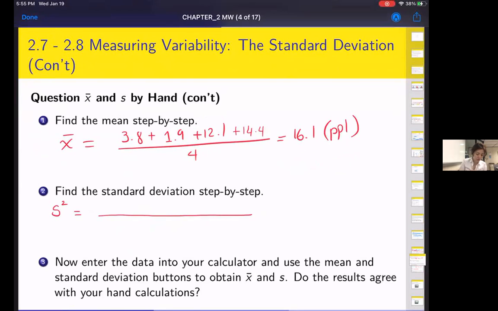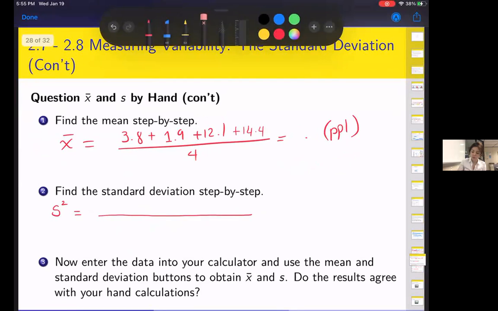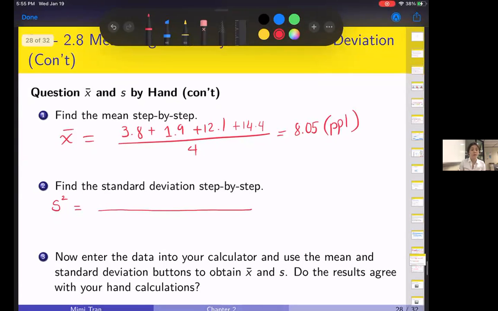Oh, I'm sorry, 32.2 divided by 4 is not 16.1, it's 8.05. No wonder it was so big. 8.05. Okay. Does anyone remember the formula for variance?